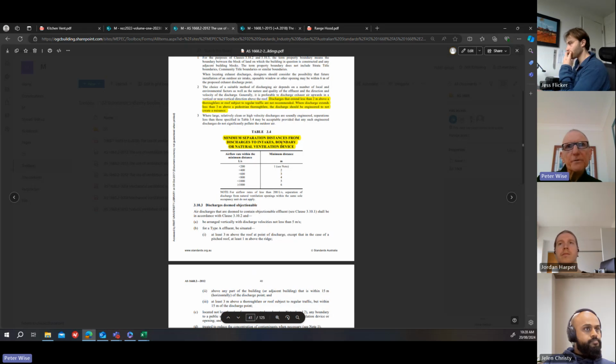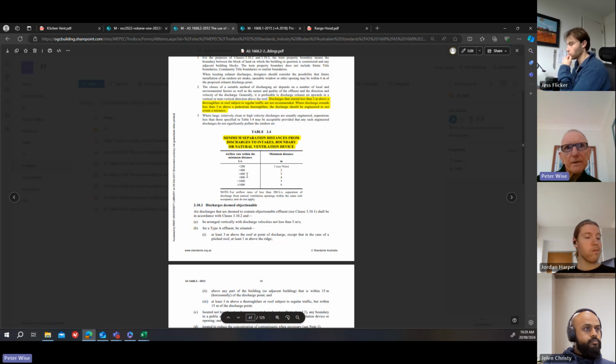Just while we're here, I think I've mentioned this table to you before, and you should be familiar with this, table 3.4, minimum separation distances from discharges to intakes. We're not talking about kitchen exhaust at the moment, we're just talking generally about, say, a toilet exhaust and an outside air intake. And this is particularly helpful for small jobs, where instead of having to separate your exhaust by 6 metres, that distance can be reduced depending on the airflow rate.